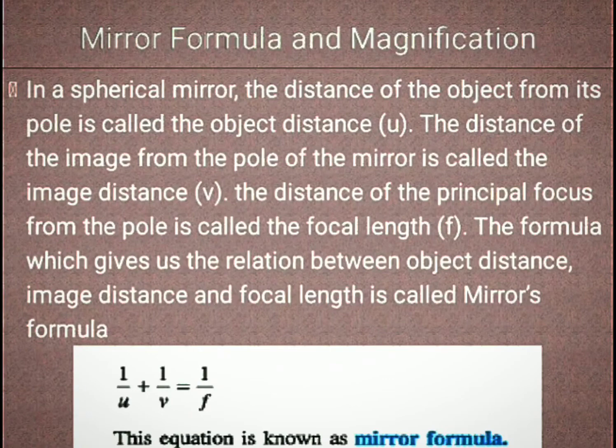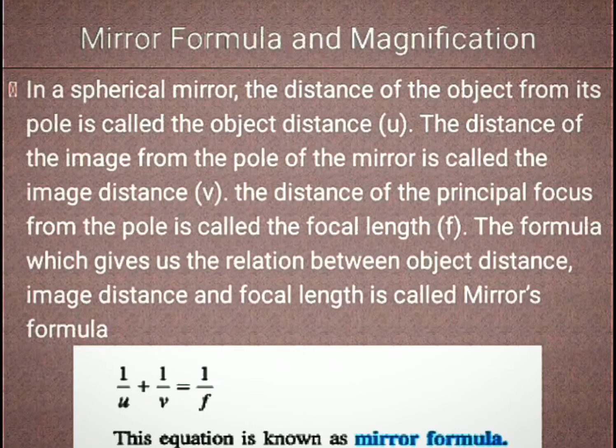Now let's talk about the mirror formula and magnification. In a spherical mirror, the distance between the object and the pole is known as the object distance, denoted by u. The sign of the object distance will always be negative since the object is placed on the left side of the mirror, that is on the x dash axis. Also, the distance of the image from the pole of the mirror is called the image distance, denoted by the symbol v.